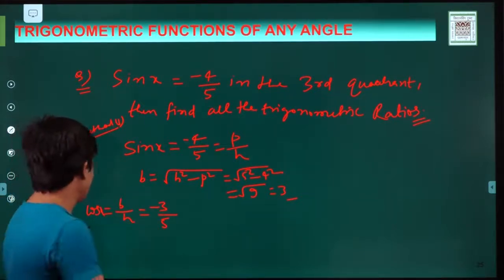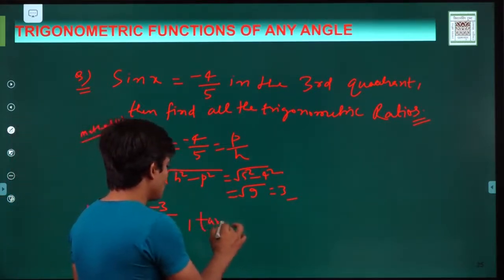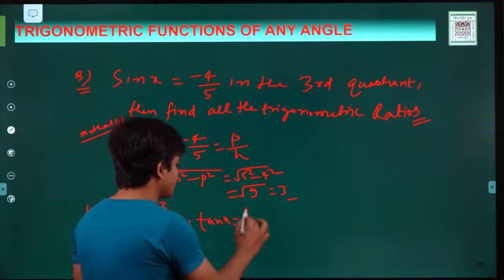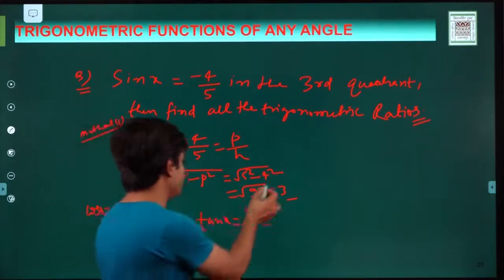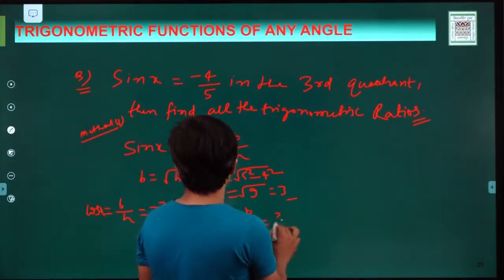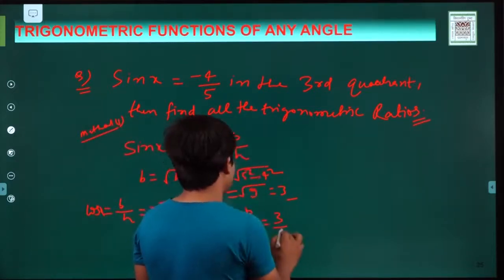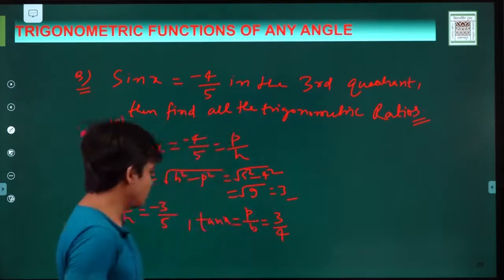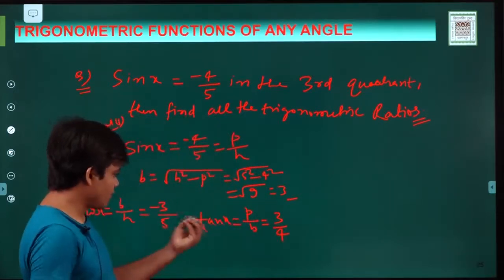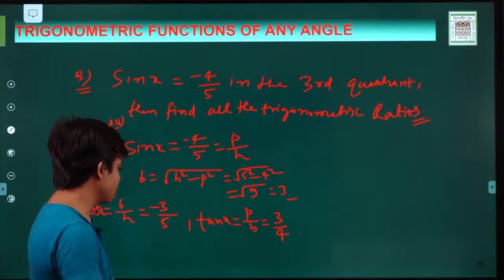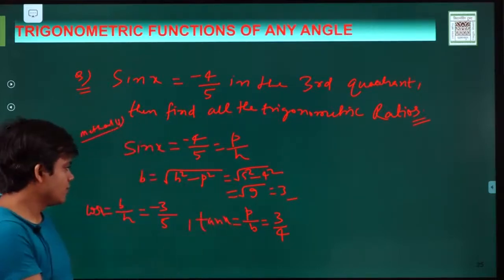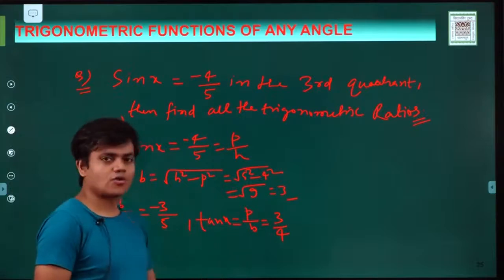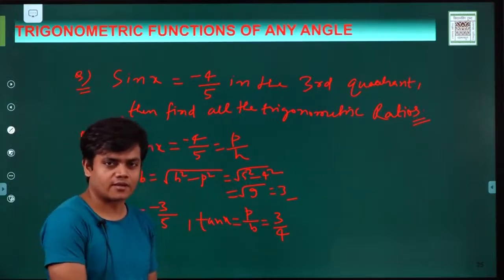All right. Again, for tan x, what is your tan x? Your tan x is p by b. Your b is certainly 3 and your p is 4. And now when we talk about its value, tan x is always positive in the third quadrant.